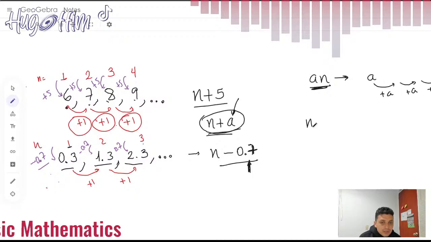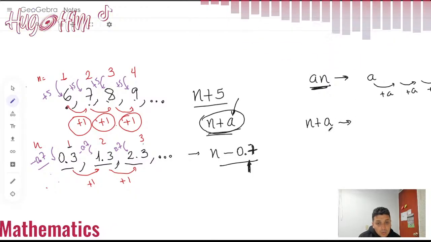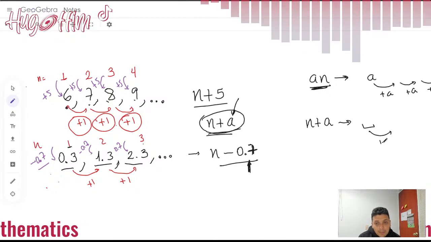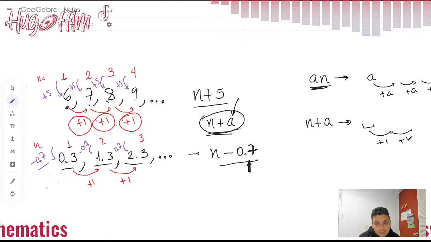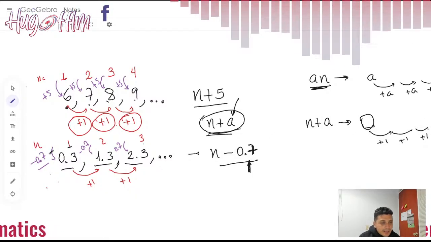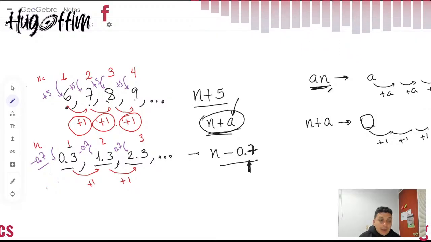And the other sequence is n plus a, where you start with a number and you're adding one by one. This number depends on a, the number you're adding each time to your list of n terms.